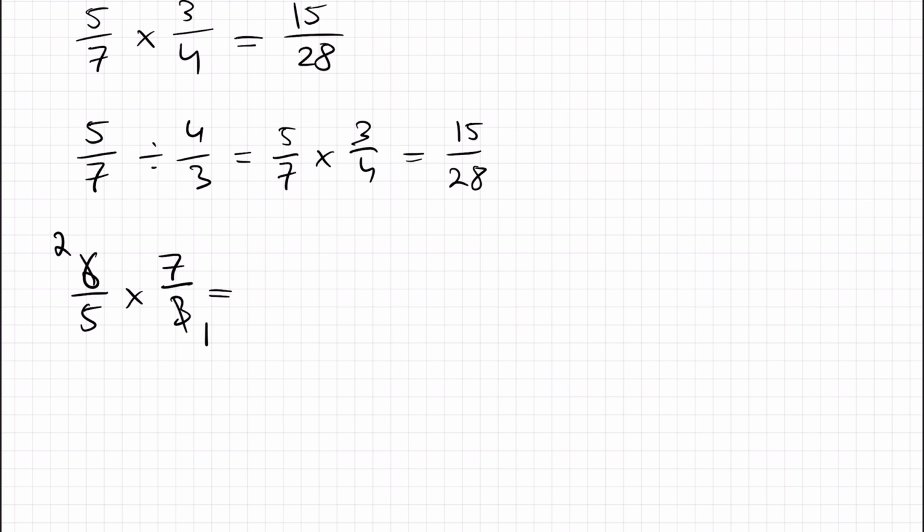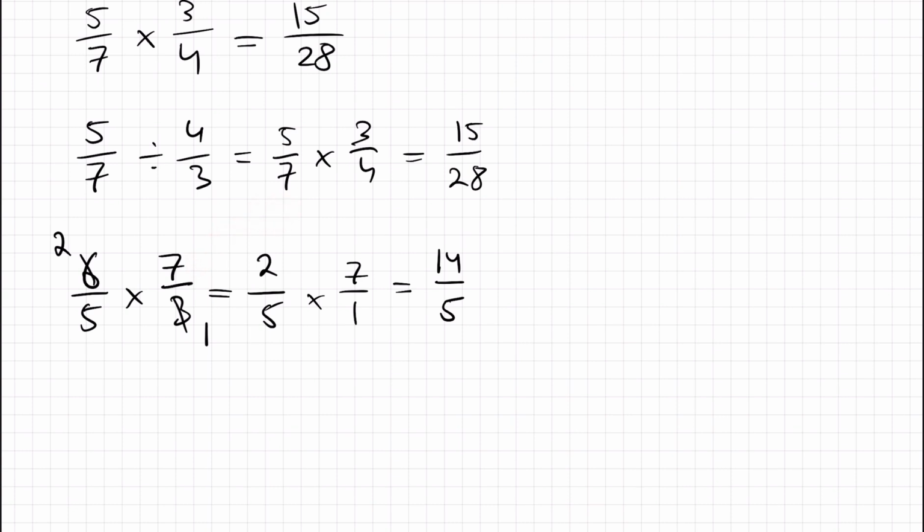And then you can see we have some new fractions. So we can rewrite this as 2 over 5 multiplied by 7 over 1, which is just 7, which means we can just multiply this out and you get 14 over 5. Same result as before. And again, obviously this still works for division, because if you're just going to divide, then you're going to just turn it into a multiplication anyway, like so.